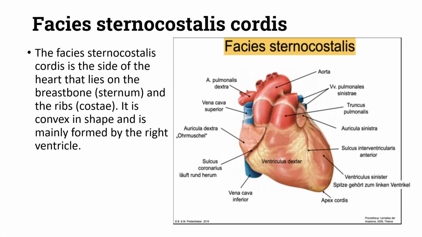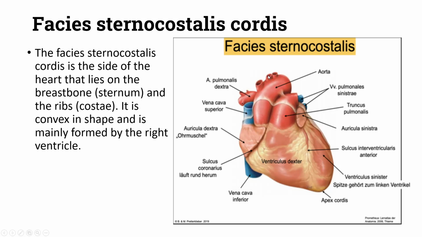The facies sternocostales cordis is the side of the heart that lies on the breastbone, the sternum, and the ribs, the costa. It is convex in shape and is mainly formed by the right ventricle.